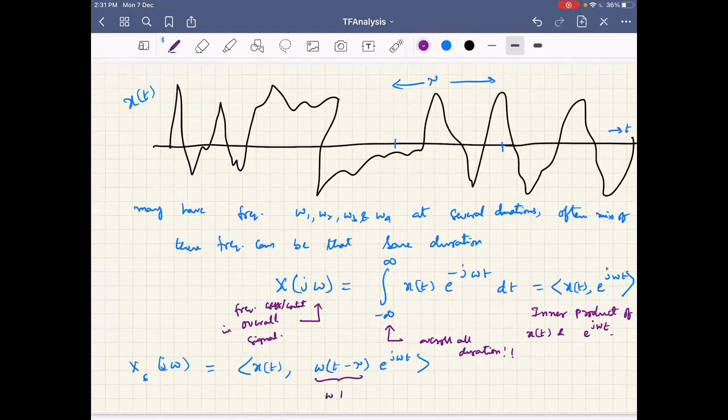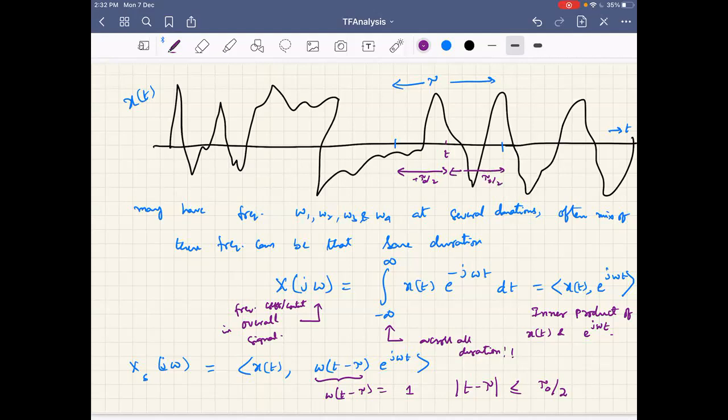If I define w of t minus tau to be 1 for mod of t minus tau less than or equal to tau naught by 2, then at this location I want to analyze the frequencies around it.